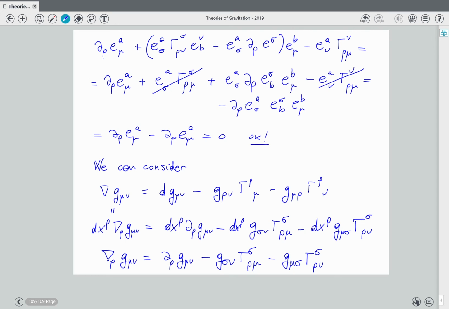And then you can repeat the argument we saw when we talked about metric compatibility. If this object is zero, then you have a unique expression. If this object is zero and the torsion is zero, so let's recall that we have both here.